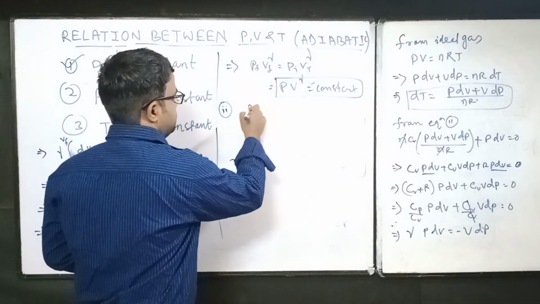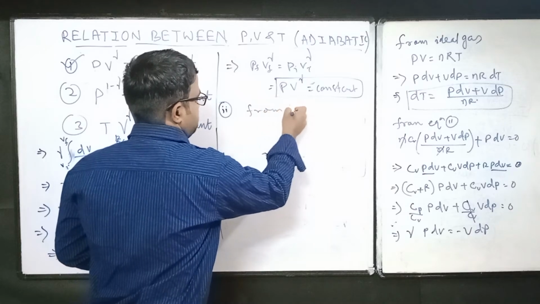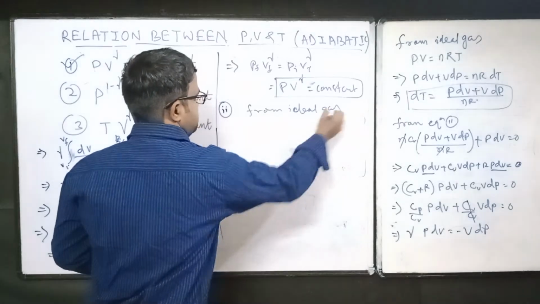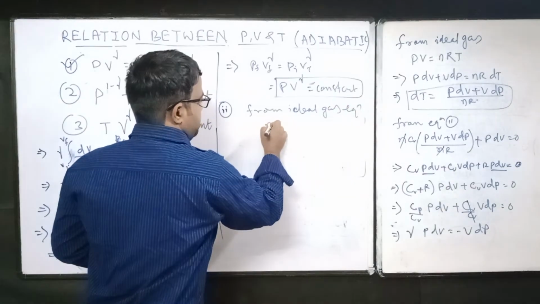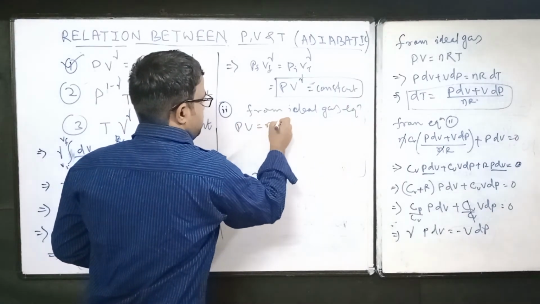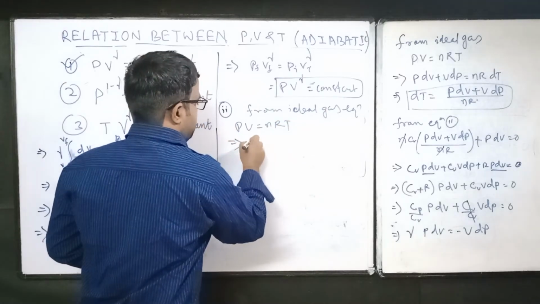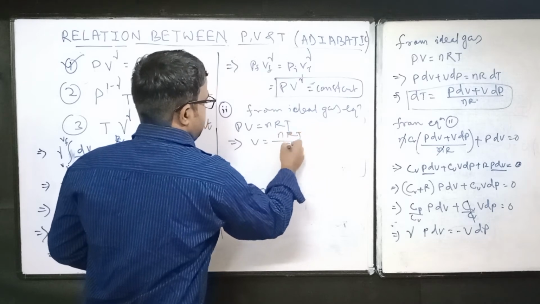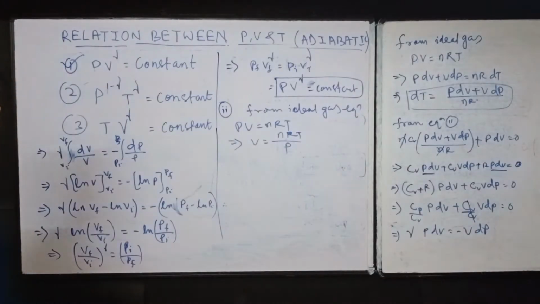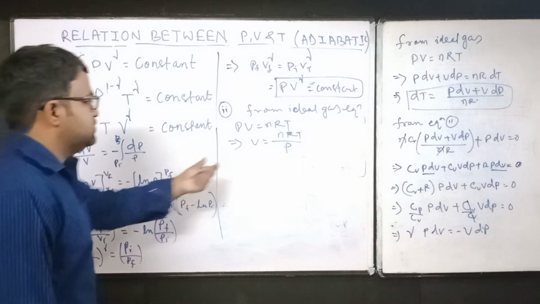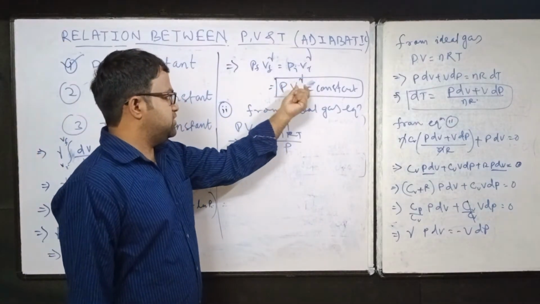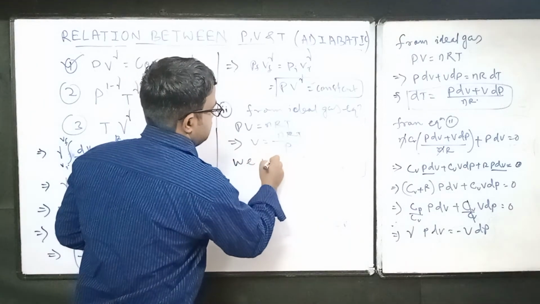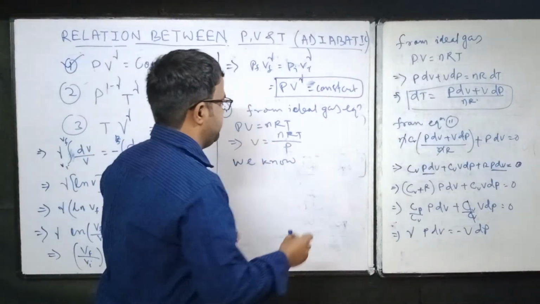From the ideal gas equation we know that PV equal to nRT, and so V equal to nRT by P. When I replace this V in this result, it is basically a two-step derivation.